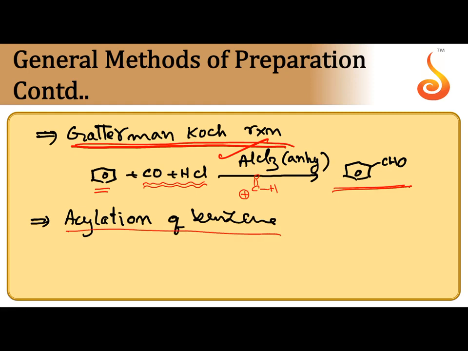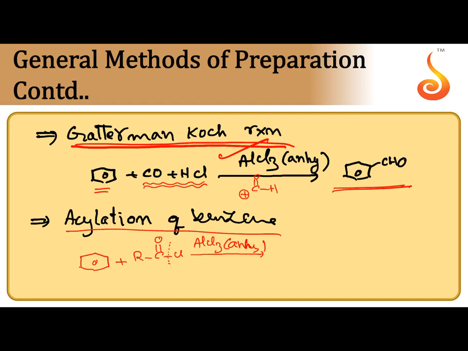Next one, for the preparation of aromatic ketones, Friedel-Crafts acylation. When benzene is reacted with an acid chloride like RCOCl in the presence of anhydrous AlCl3, this should be anhydrous AlCl3.